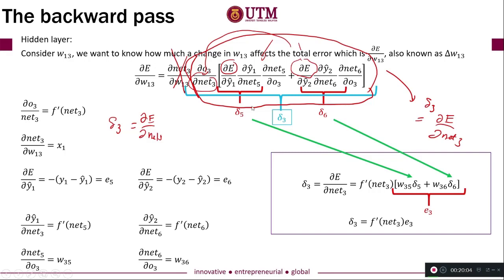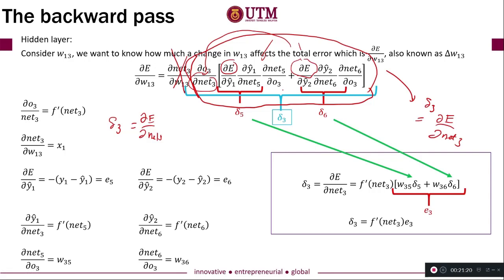If I replace that in this expression, del net 5 over del O3 is this one, and del net 6 over del O3 is this one. When you do the derivative over this one, you get W35, and this one you get W36, then you replace it here.